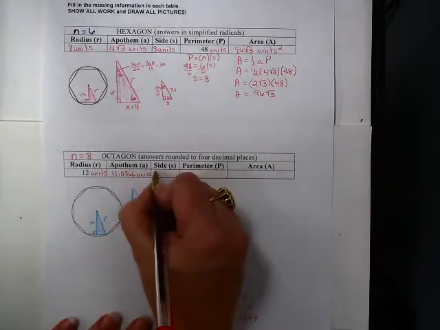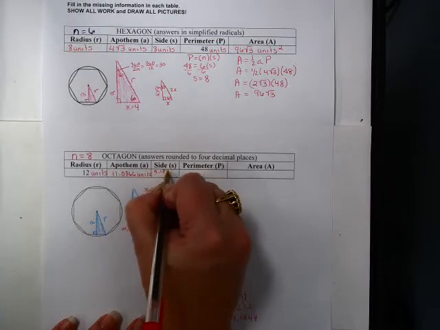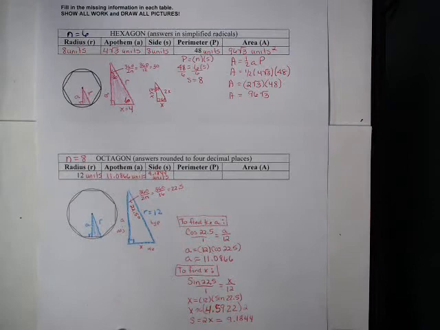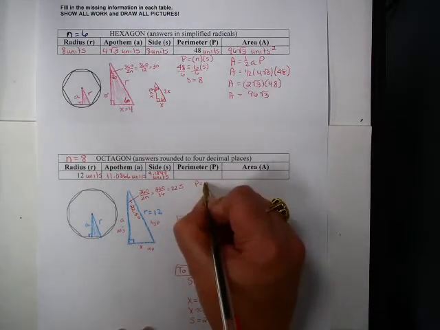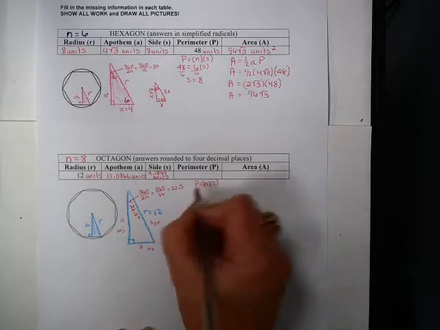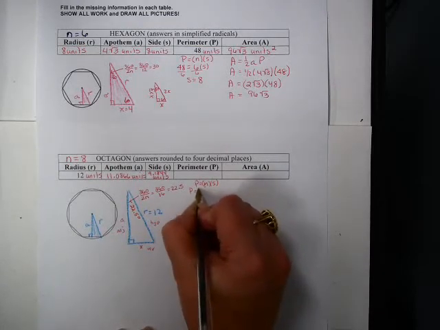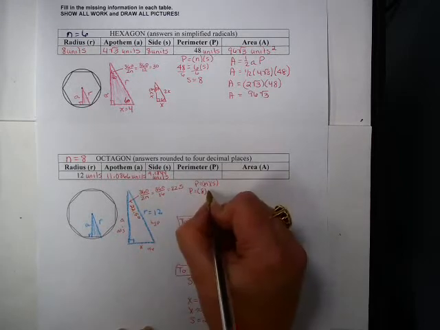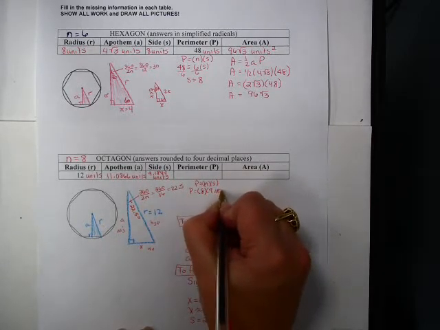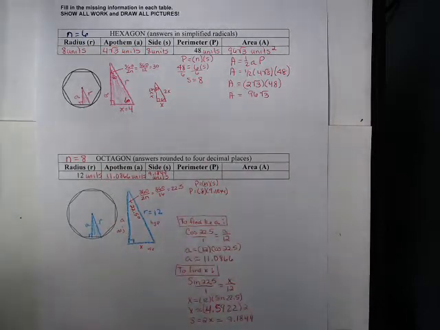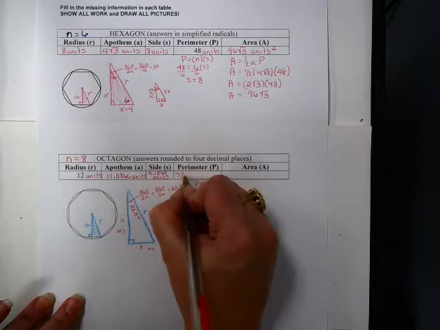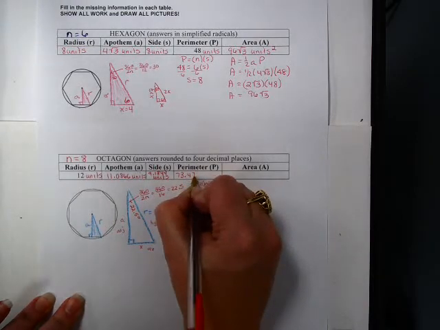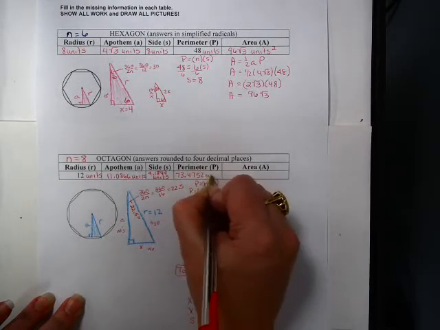So up here, squeeze it in, 9.1844 units. Perimeter is equal to n times the side length. So my perimeter is going to equal 8 times the 9.1844. When you plug that into your calculator, you get 73.4752 units.